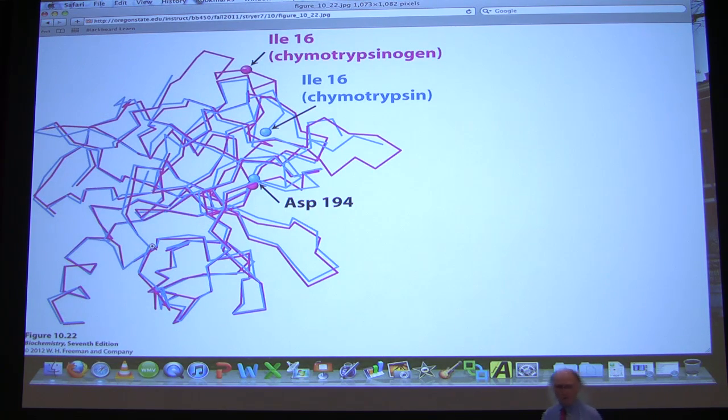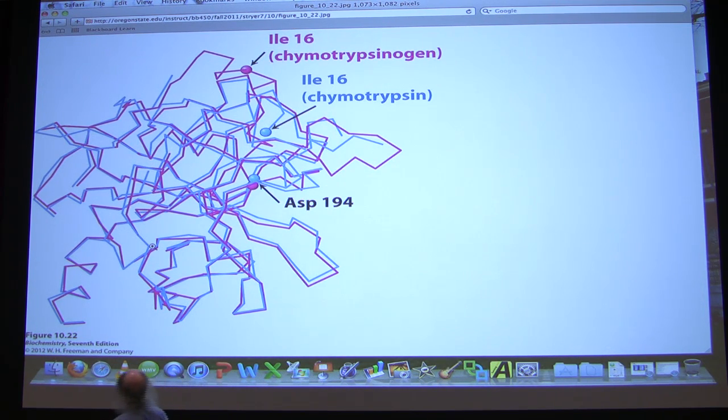Okay? What's happening in this process is we're looking at the inactive form in red, we're looking at the active form in blue, and for the most part the structure doesn't change much, but we look at what happens as a result of this cleavage. Look where this amino acid number 16 is up here, and look how far it gets moved after that cleavage has occurred. Why is that important?